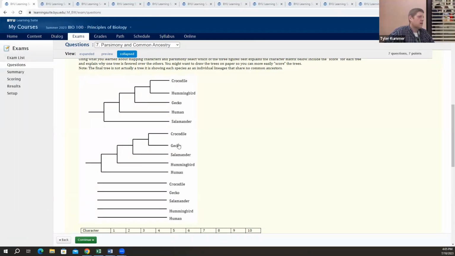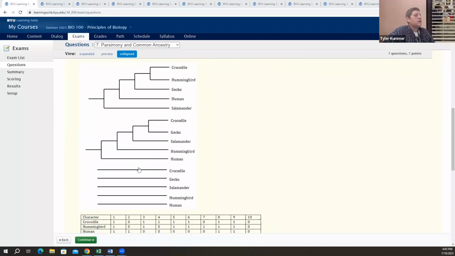This one has crocodile and gecko as sister to each other, and then those 2 as sister to salamander. So a bit different: they're inferring a different evolutionary history, primarily in these areas. This one also has salamander as the outgroup here, as more distantly related to everything else, whereas salamander is right in the middle here.